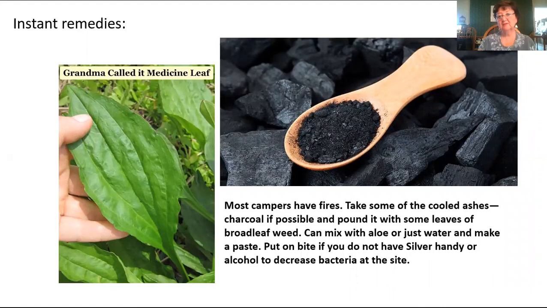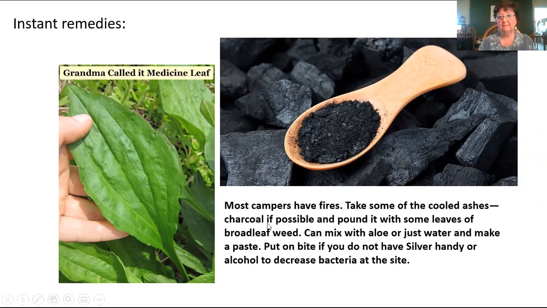Now, the charcoal is gonna make everything messy, but as soon as you remove the tick, you wanna apply alcohol, but you also want to apply this salve to help draw out any toxins that the bug has inserted through its saliva.